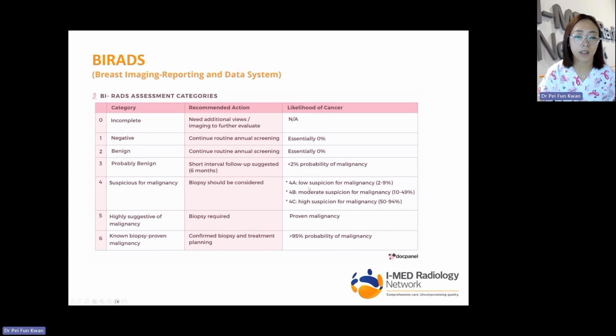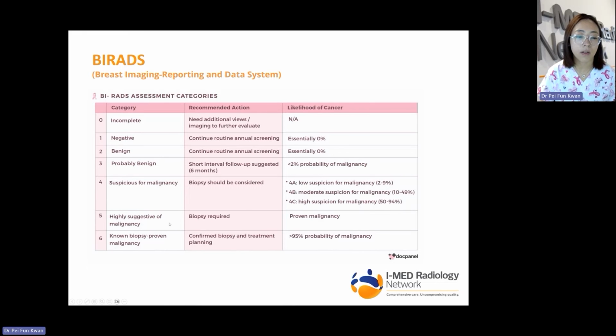BI-RADS 4 can be subdivided into 4A, 4B, 4C, depending on how suspicious the abnormality looks. 4A is only approximately 2 to 9% malignancy. 4B about 10 to 49%, and 4C is high suspicion of malignancy.